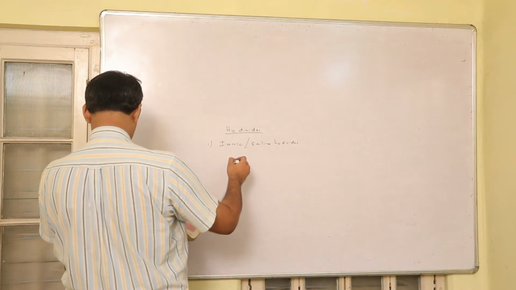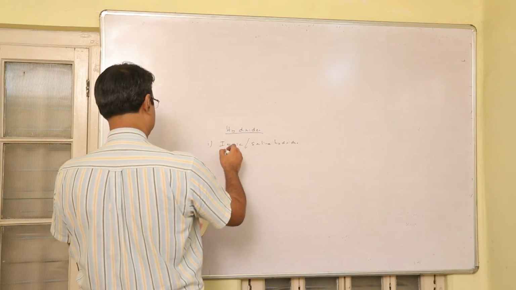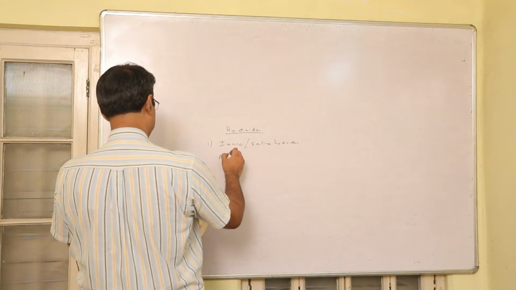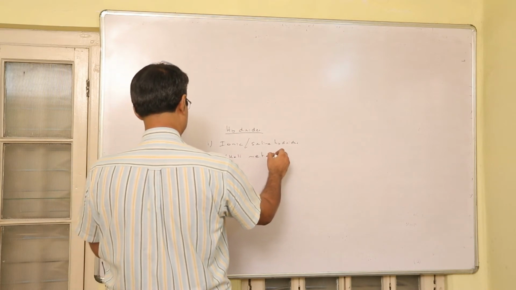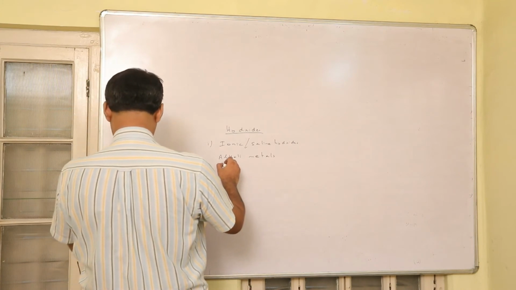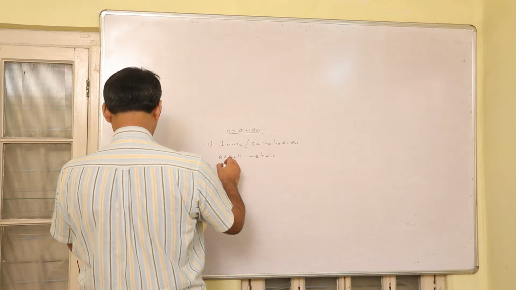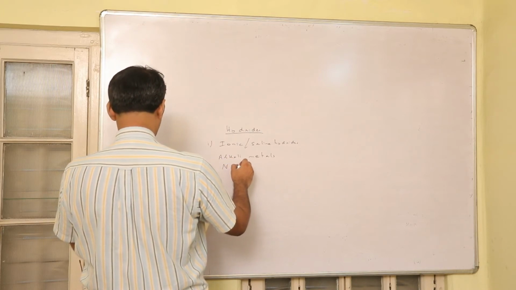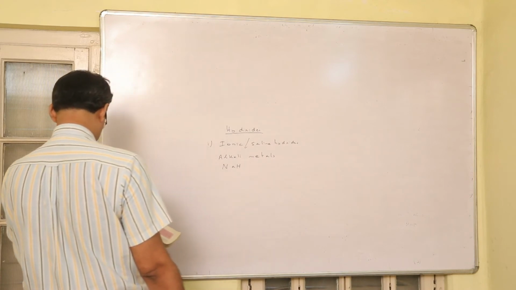Now what happens is that the ionic hydrides are usually formed with alkali metals. For example, let us say sodium hydride is an ionic hydride.